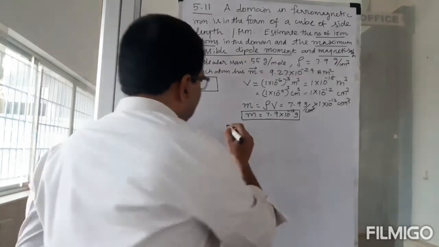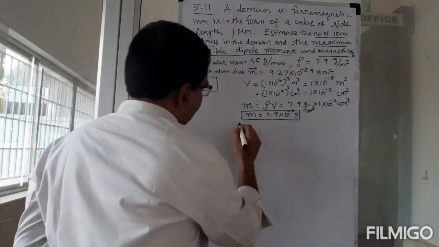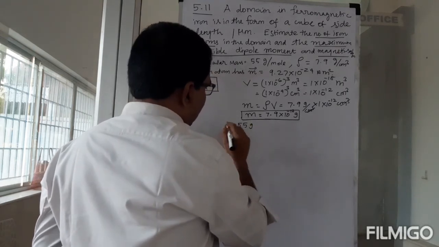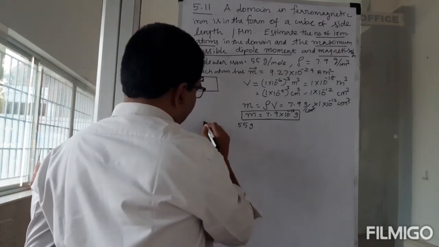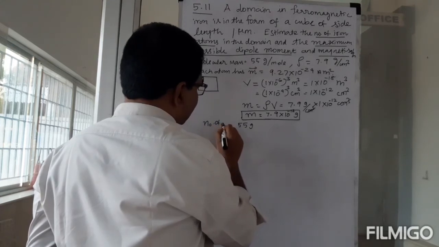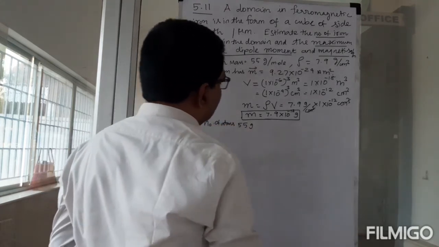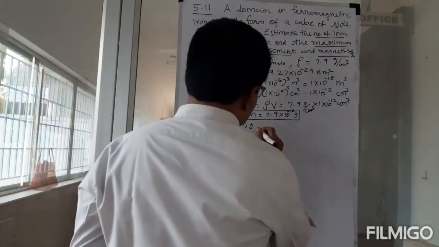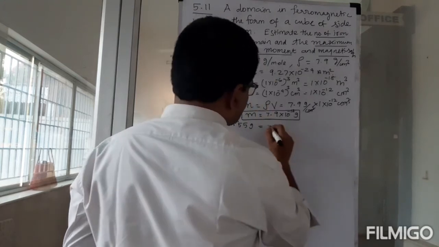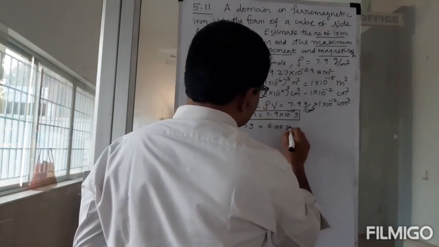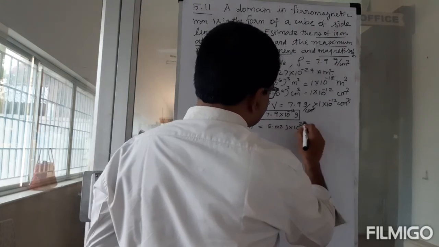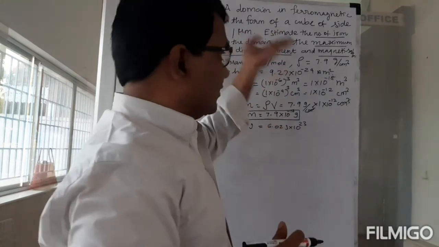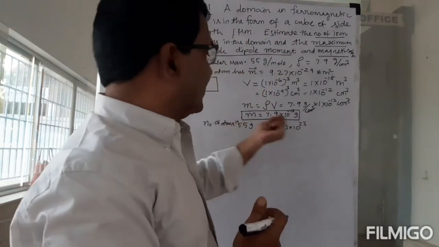So the number of atoms in 55 grams of iron is equal to 1 mole, that is 6.023 into 10 power 23. So many atoms are there in 55 grams.